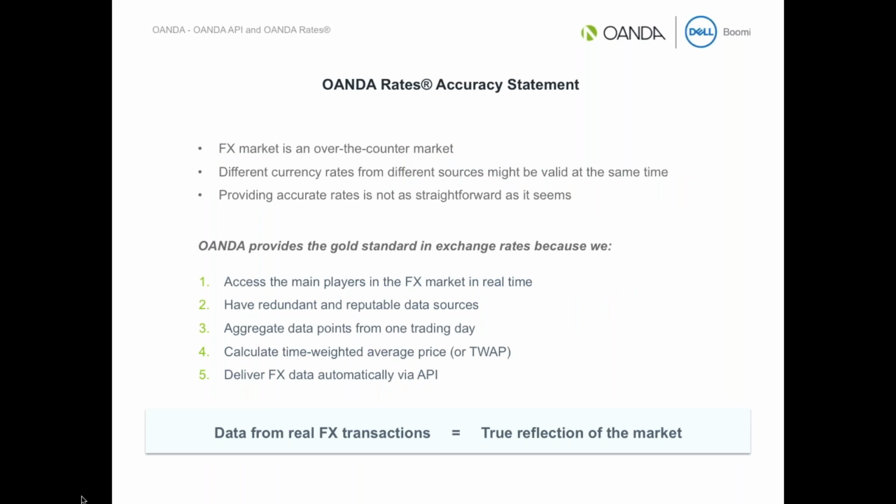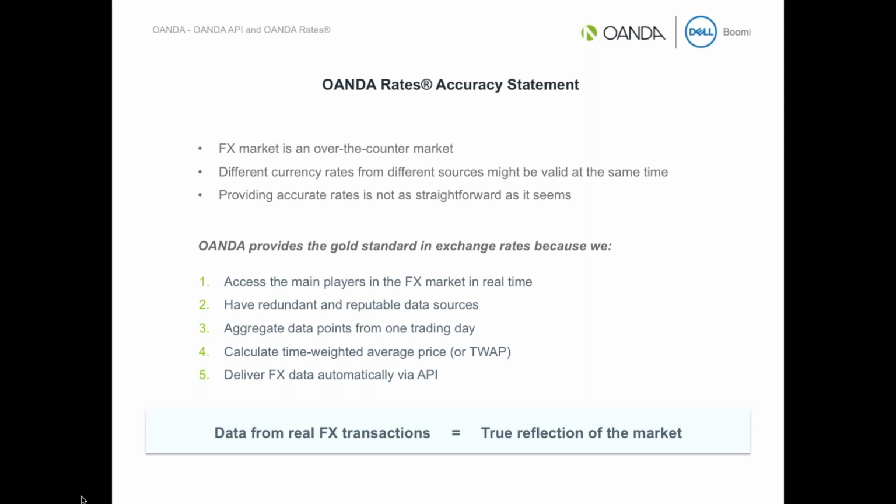So, one thing that's very important to OANDA being a provider of data is that we want to ensure that our data is accurate. And so we're so confident in the accuracy of our data that we've created an accuracy statement that really talks through how we source our rates and why we are the gold standard of foreign exchange rates.